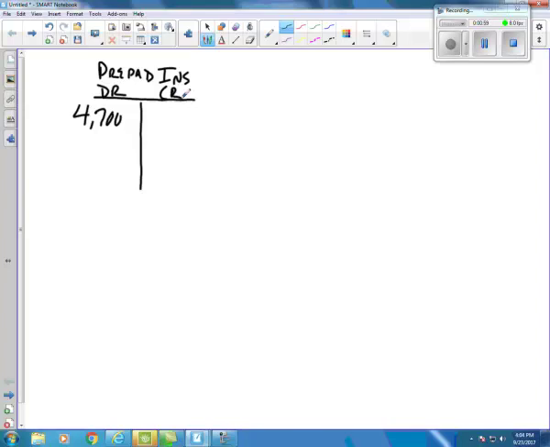And then they took a look at all of their insurance policies, and they determined that $900 at the end of the year, so this was the beginning balance, which was also the balance at the end of last year, and $900 is still unexpired. Well, unexpired means unused.